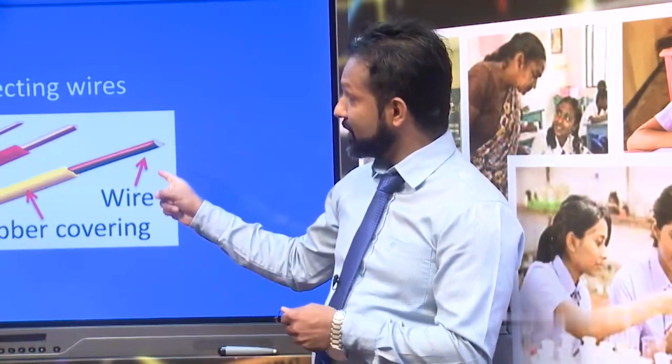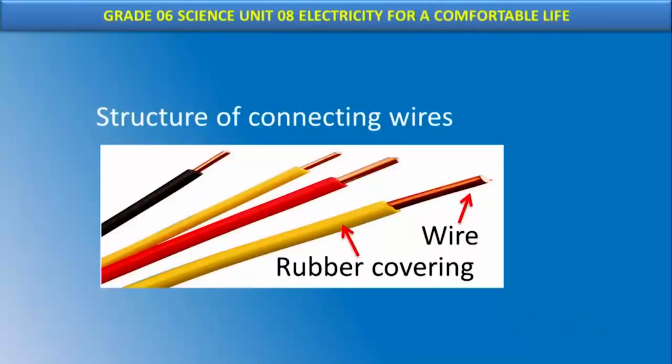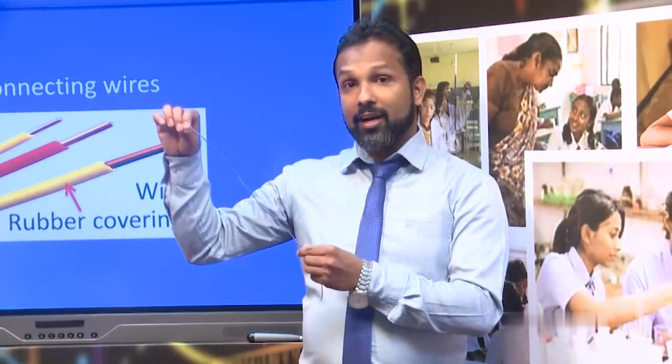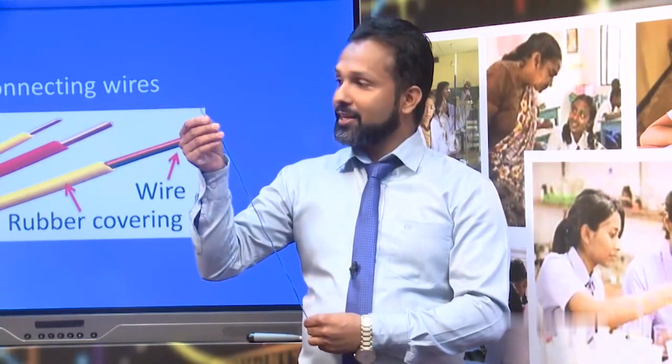As shown in this picture, connecting wires consist of a metal wire and also a rubber outer covering. Now, what do you think about the reason? What's the purpose of having a rubber outer covering around this connecting wire?